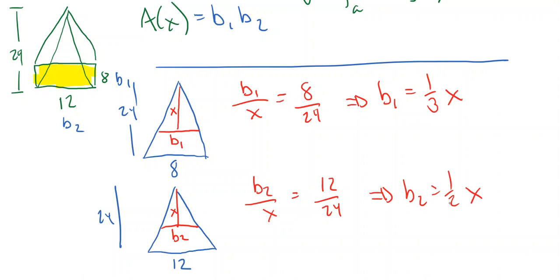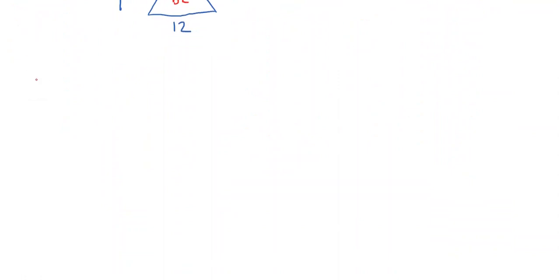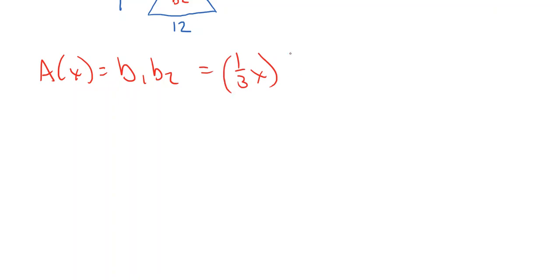All right, so now that we have a formula in terms of x for B sub 1 and B sub 2, we can then say our area, which is going to be B1 times B2, is now 1/3 x times 1/2 x, which would be, of course, 1/6 x squared.